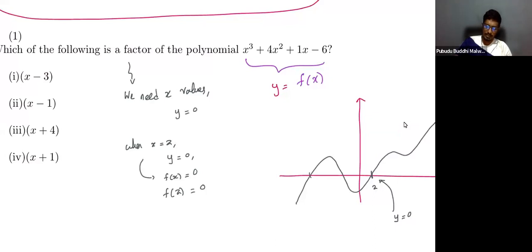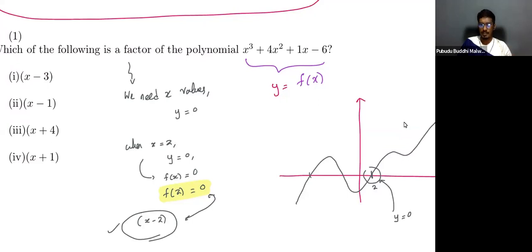To get this result, definitely we should have a factor like x minus 2 inside f of x. So that's the idea. These two things are quite important. If f of 2 equals 0, then you will see an x minus 2 factor inside f of x.